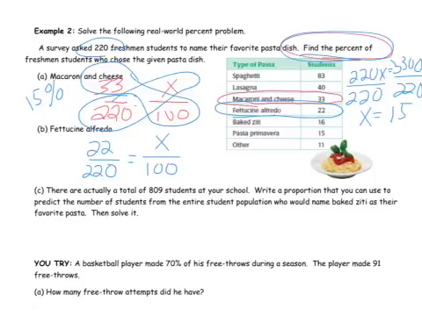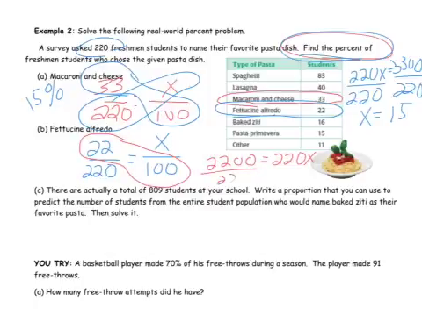Alright, and now I'm going to cross multiply. So 22 times 100 is 2200 equals 220x. And then I'm going to divide each side by 220. So x equals 10%. So that means 10% of the students like fettuccine alfredo.